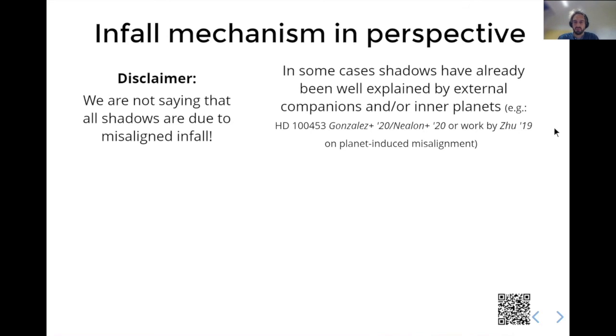There were two nice papers out a couple of weeks ago where they explained the misaligned configuration of that system through a combination of an inner and outer companion. Or there's also work by Chu, who considered an inner perturber, namely a massive planet, that can potentially trigger some misalignment. And there's also maybe the possibility of disk breaking. But the point is nevertheless that there is a zoo of different disks that we know of. So let's not forget about this possibility.